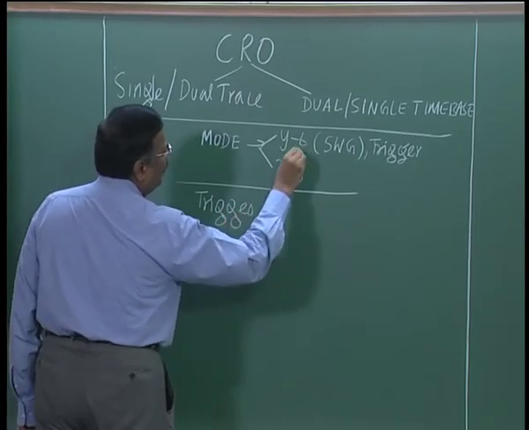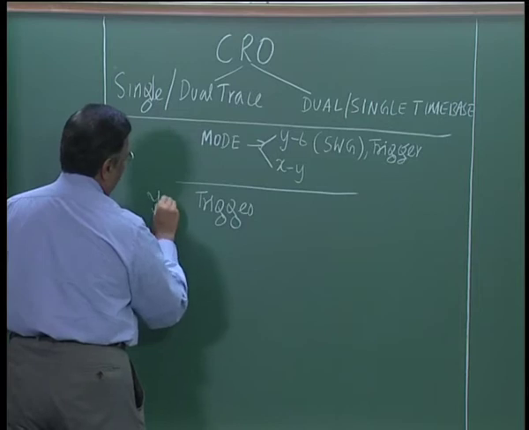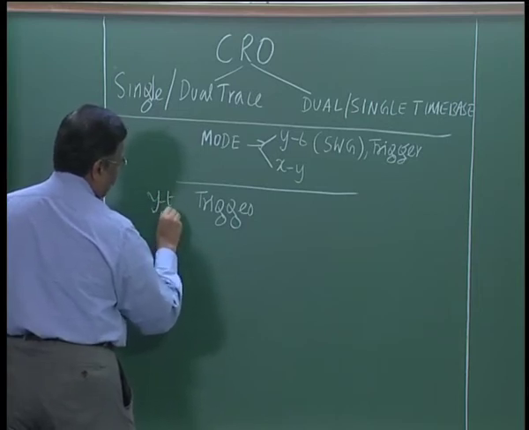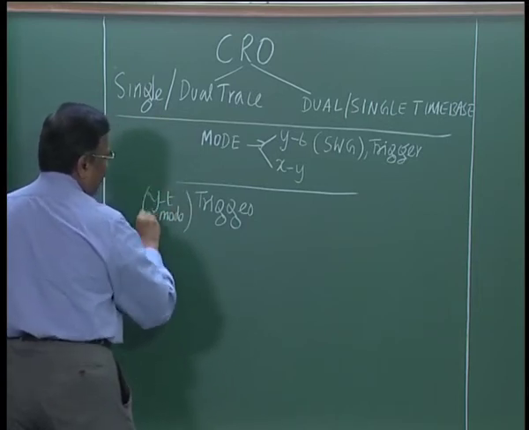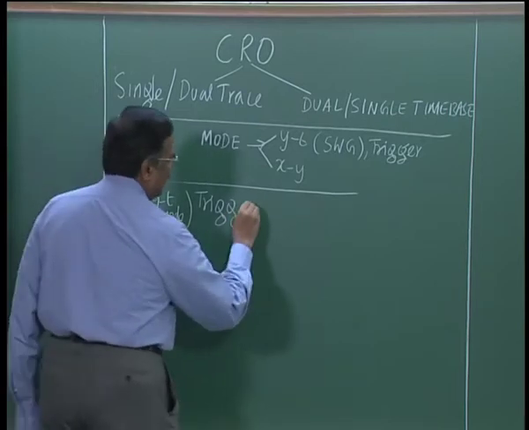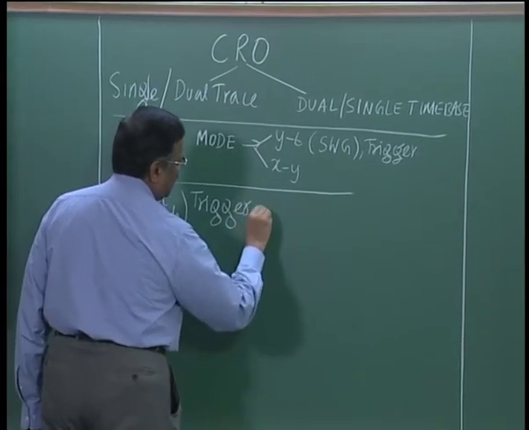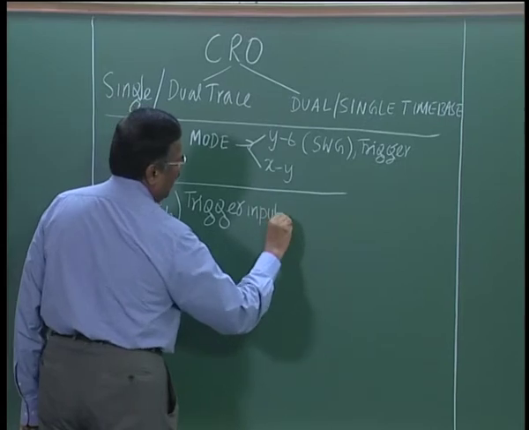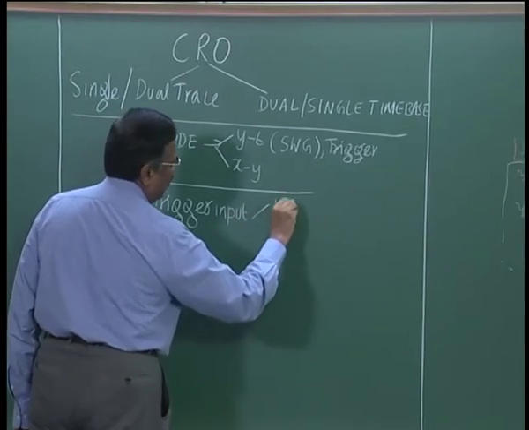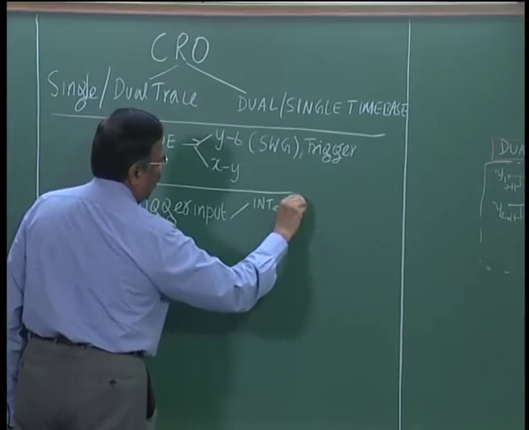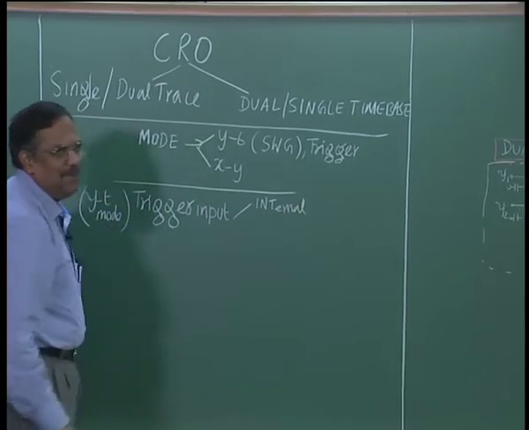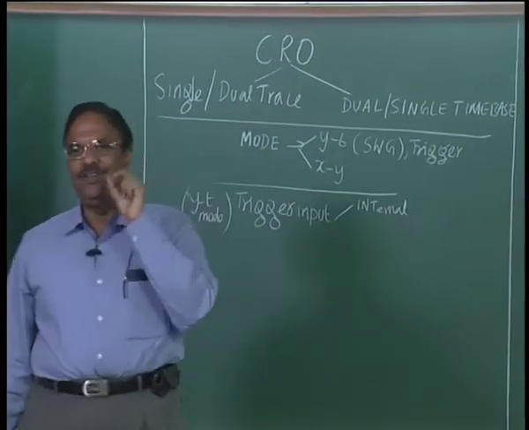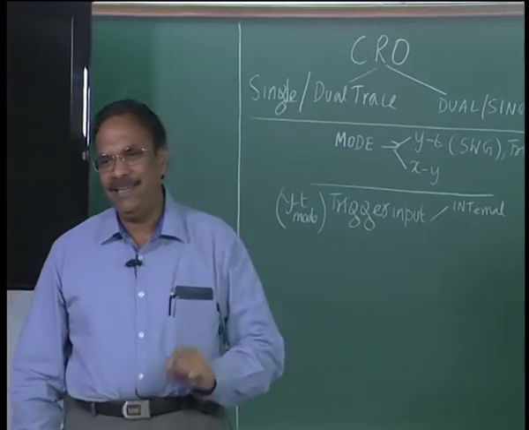Now this is the operating mode of the oscilloscope, the trigger. If it is YT mode, right, the trigger input can be selected as internal. I put INT in capital because that is what you will be seeing on the oscilloscope printed, INT in capital, right.